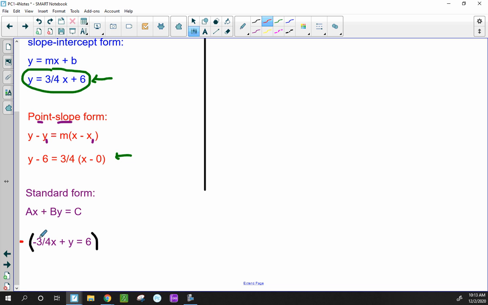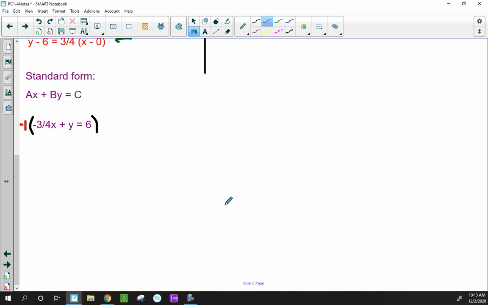In order to get rid of a negative coefficient, you multiply by -1. We want to change the sign, not the number. So I end up getting a positive 3/4 x. -1 times y is -1y. And -1 times 6 is -6.